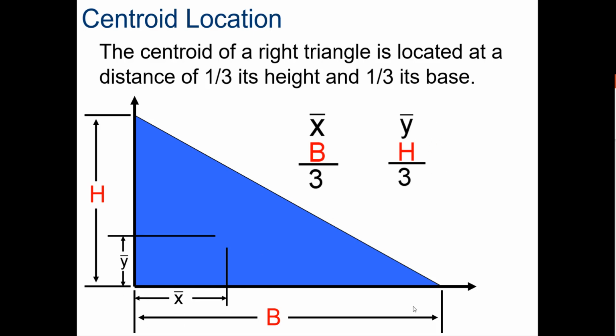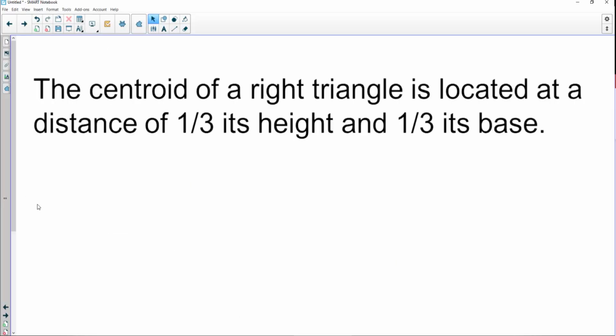So if this were 12, then this would be 4, and if this were 9, this would be 3. So our coordinates would be 4 and 3, and that would be the balance point of our triangle, okay? Now, there is an exception to this, which I want to go over really quickly here.